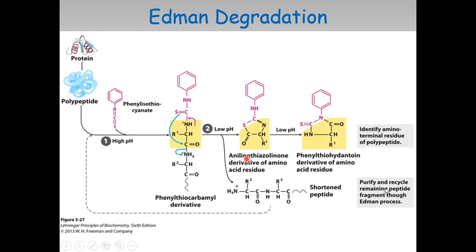This entire process is repeated, typically for as many as 40 sequential amino acids, which are identified. Now, it is important to know that this is an automated procedure. So, this is just a basic idea as to how Edman degradation is carried out.